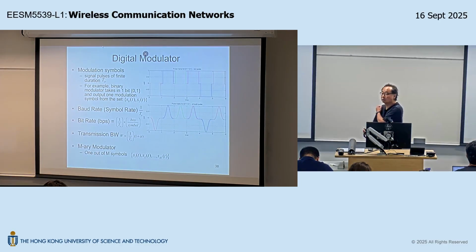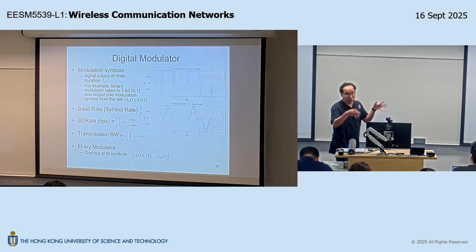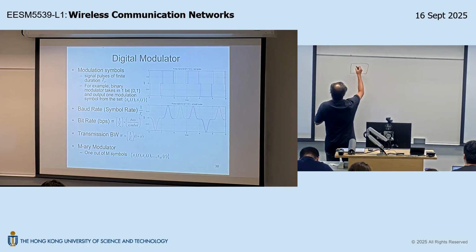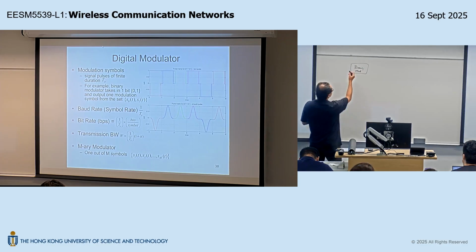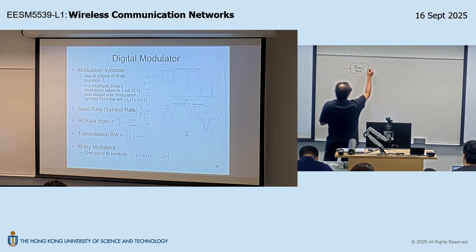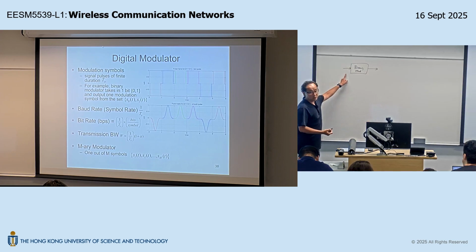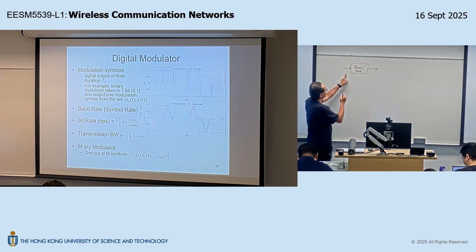So once again, I always like to start with a black box approach. Let's consider a binary modulator as a black box, okay? A binary modulator is like a black box with an input and output. The input takes one bit at a time.